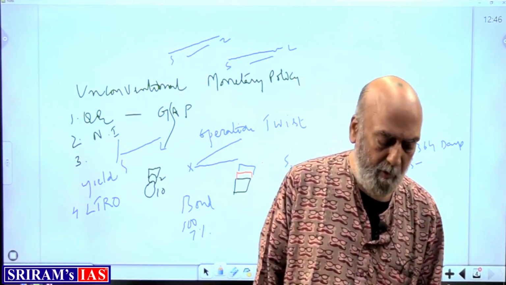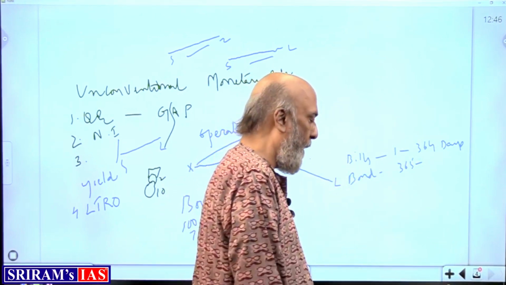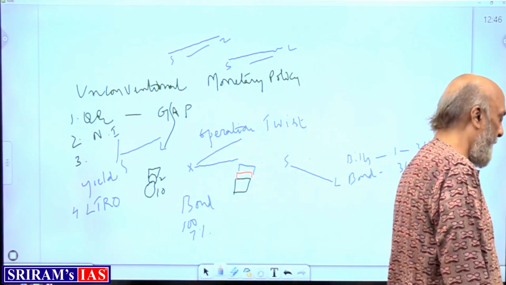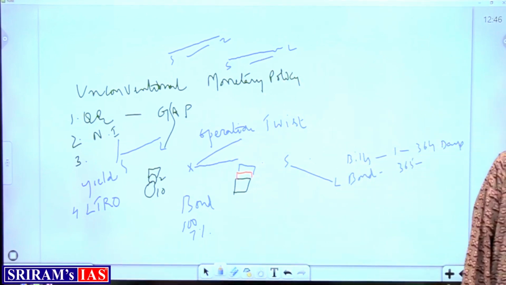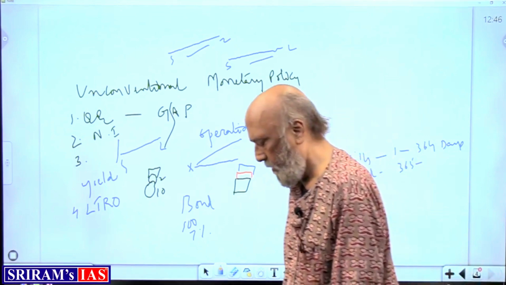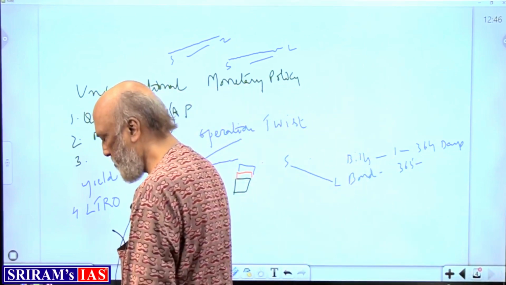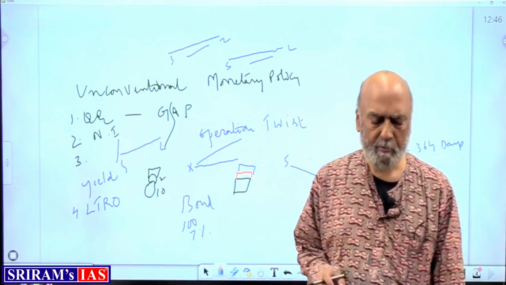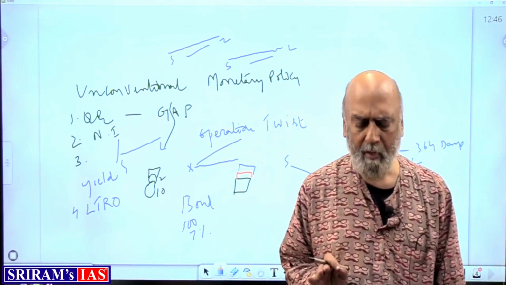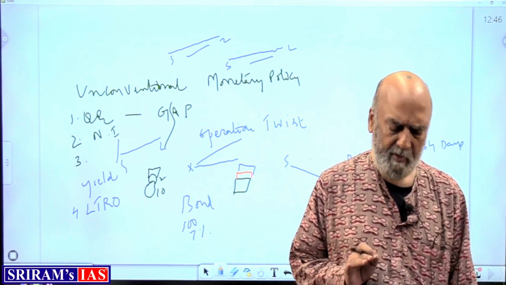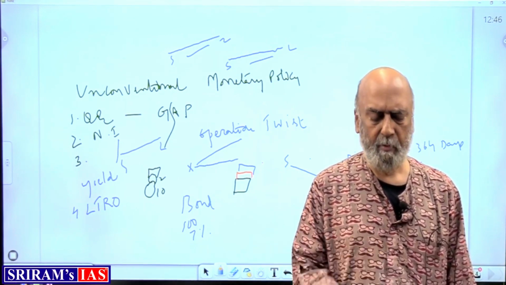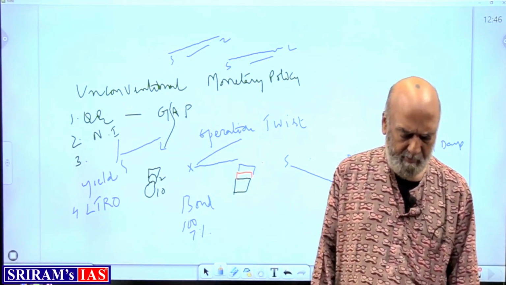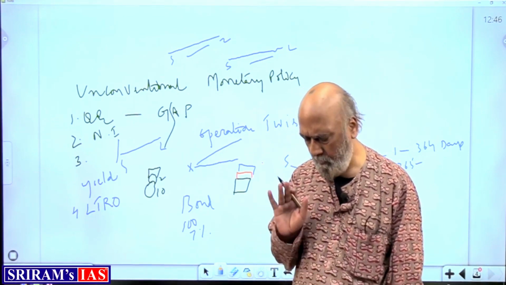And then there was one more thing about the unconventional. I told you, a central bank, when it presents its monetary policy, credit policy, does not reveal anything about the future.